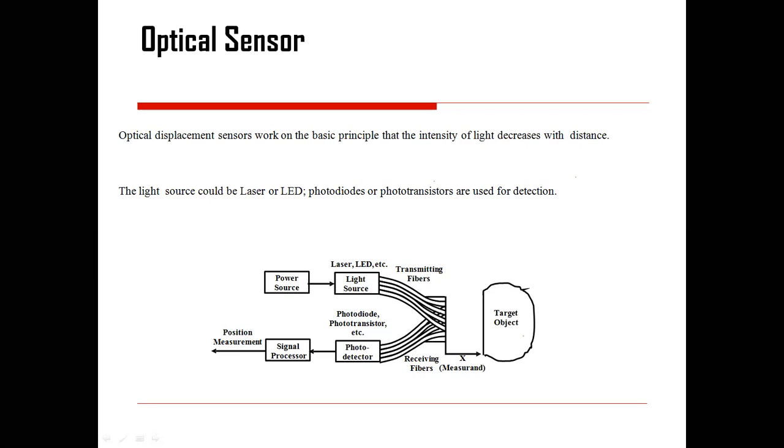Here practically we have executed it using an IR sensor, which is also one type of optical sensor, fruitfully incorporated considering the current scenario of COVID-19, to design a non-contact type of smart sanitizer. Two types of sensors our student used: one is the ultrasonic type of sensor, and another one is the IR sensor.